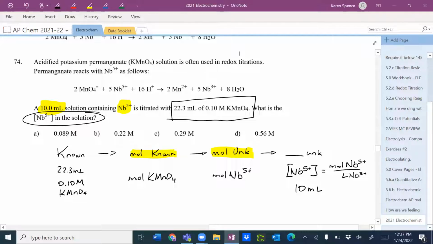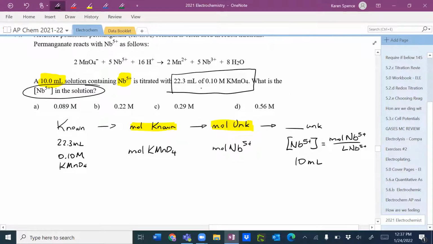If you guys don't know this already, of means times. Of means times.